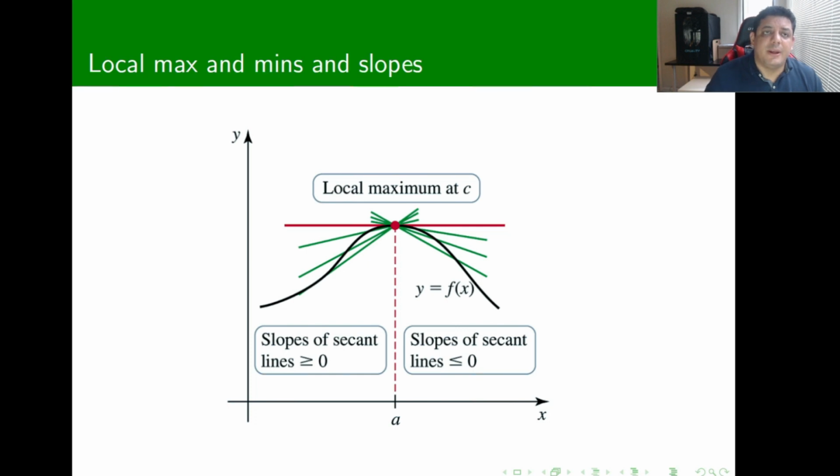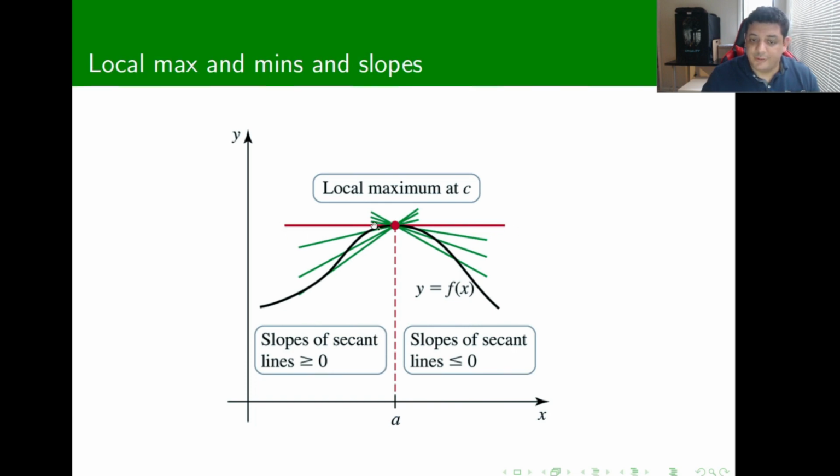Now, let's talk a little bit about what's happening when we reach a local maximum and a local minimum in terms of slopes. Since we want to talk about the derivative and make interpretations with the derivative, let's see what happens. Notice that when we're reaching a summit of some sort, like a maximum, the slopes of the tangent lines are initially positive, and then when they reach the point, they become flat.